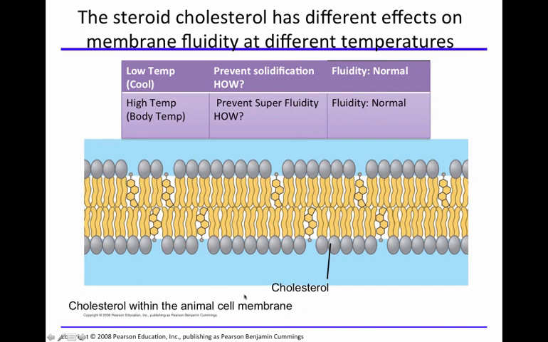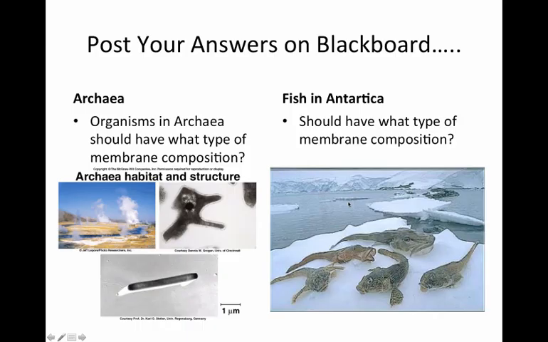So in an animal cell, you're going to have what? Cholesterol. So if your body temperature is high and it's hot, how does your membrane prevent superfluidity? How does it prevent this phospholipid bilayer from becoming too fluid, if you will? How does it keep the fluidity normal? The presence of cholesterol. Okay.